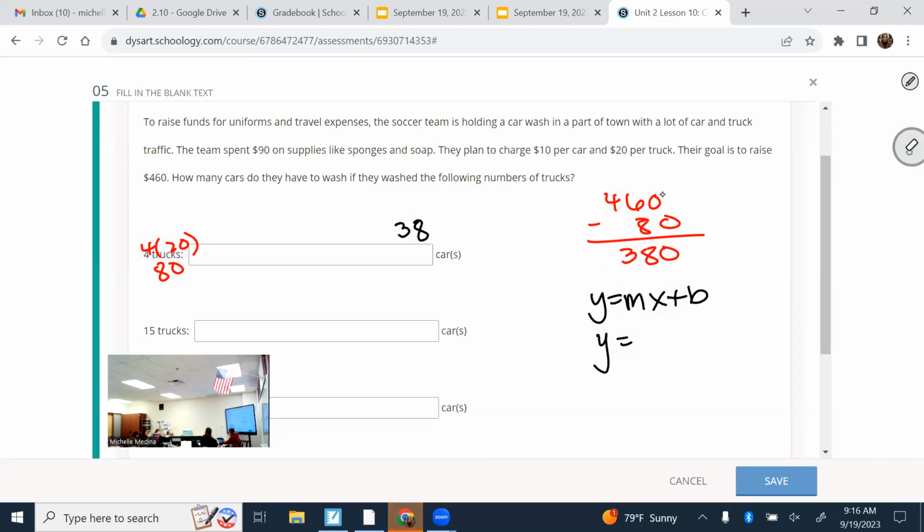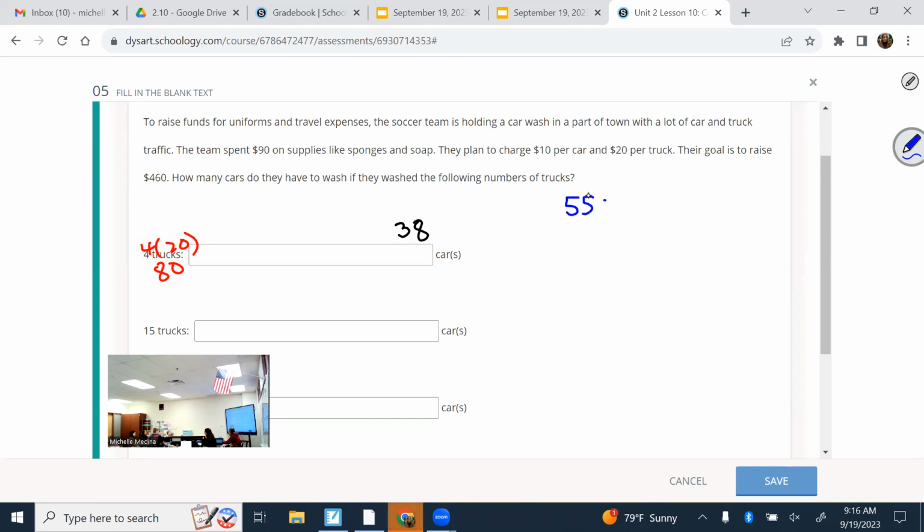What's 460 plus 90? Anyone? 550. I think it's 550, but I'll just check because I don't like doing mental math.